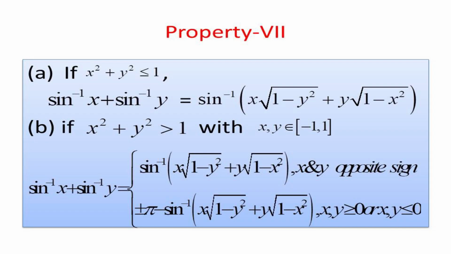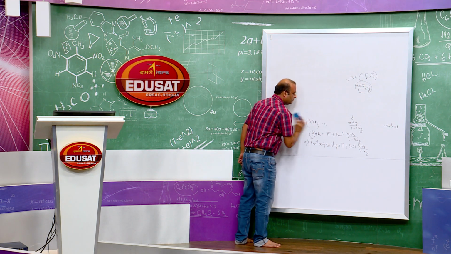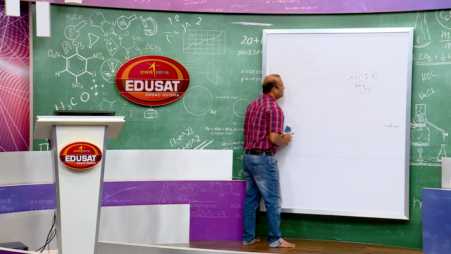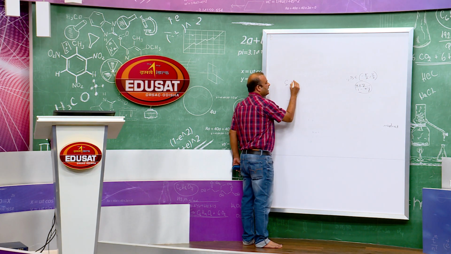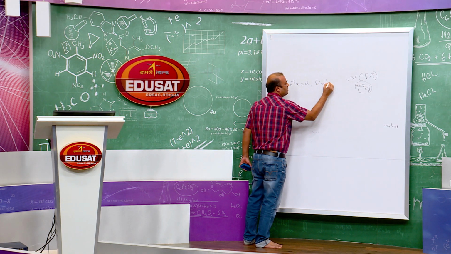So for proof of this formula, consider the case xy greater than equal to 0 and x square plus y square greater than equal to 1. Let sin inverse x is equal to alpha and sin inverse y is equal to beta.